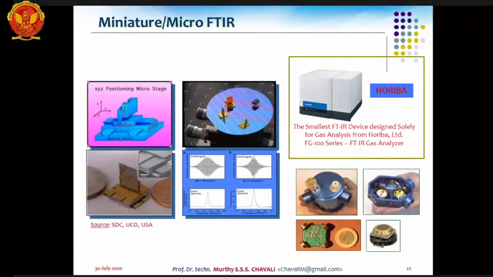And at that time, people from the University of California, Davis, Professor Scott D. Collins, developed a device of just 5 to 6 centimeters or even less on a wafer, which is nothing but an interferometer, and it has been compared with the commercially available large FTIR.